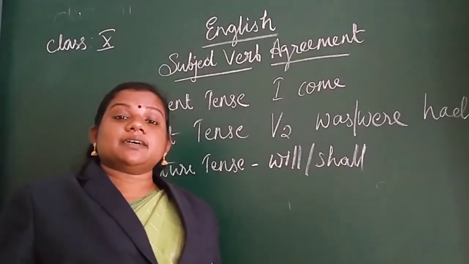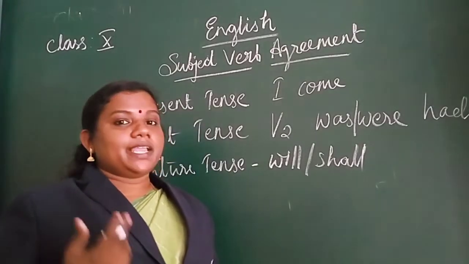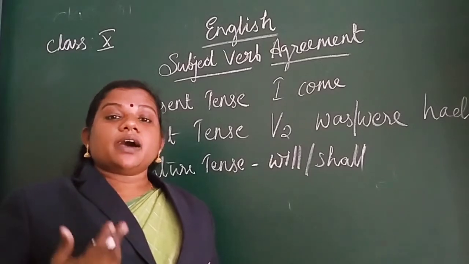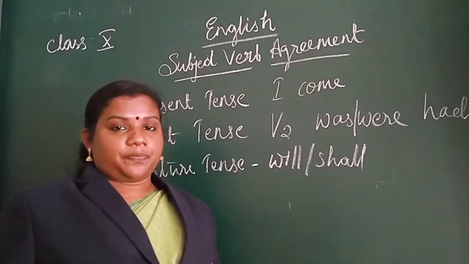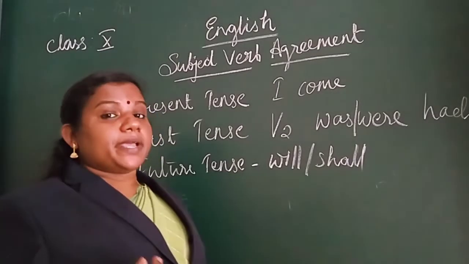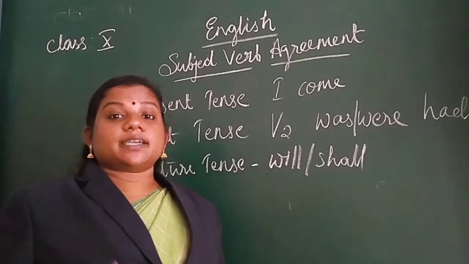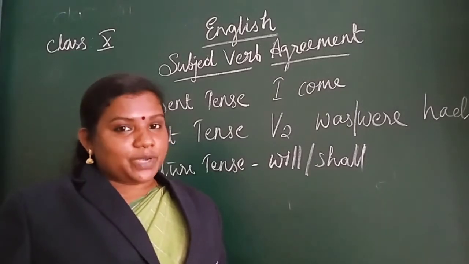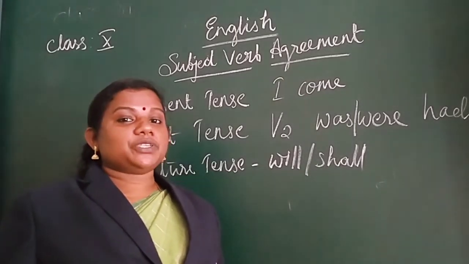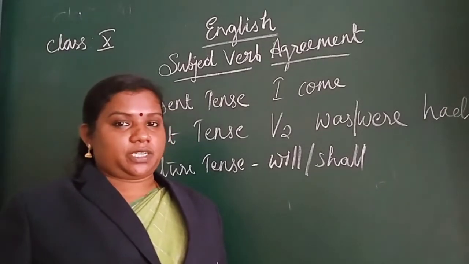These lessons we learned in lower classes, and in our daily conversation we are using all these things. But in subject-verb agreement, in some areas we will get confusion. So today in this class I am going to teach you these areas of confusion.